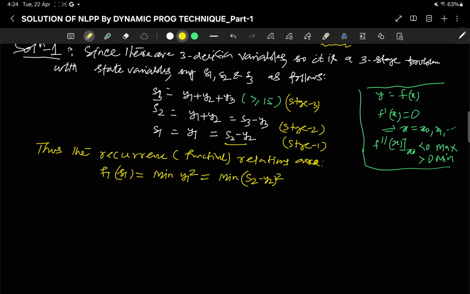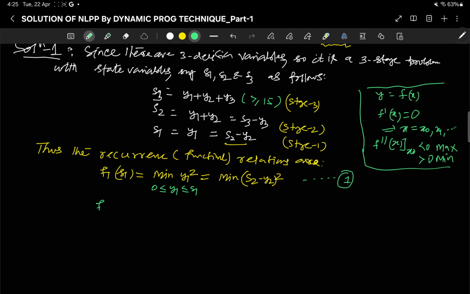Here the range of y1 is minimum 0, and maximum s1. Let this be equation 1.